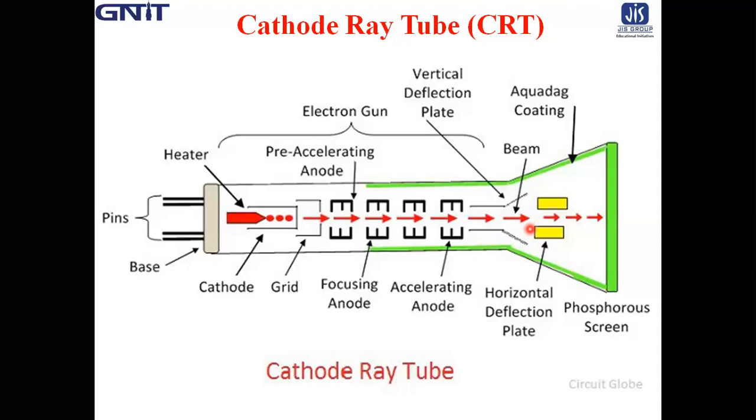If the upper vertical deflection plate is positive with respect to the lower plate, then the electron beam is deflected upwards and strikes the skin above the central location of the spot. If the polarity of the upper and lower plates is reversed, the electron beam will be deflected downwards and will strike the skin below the central point.